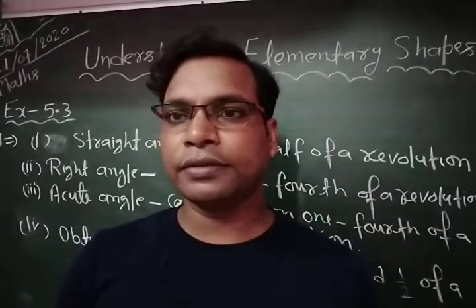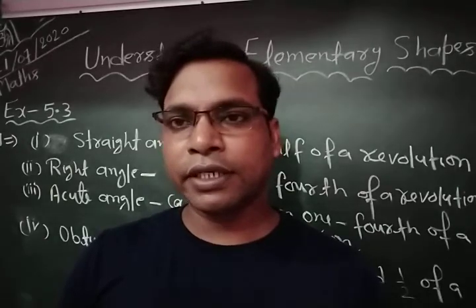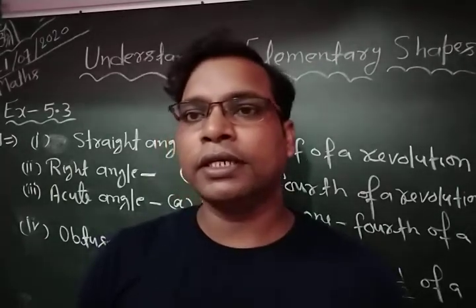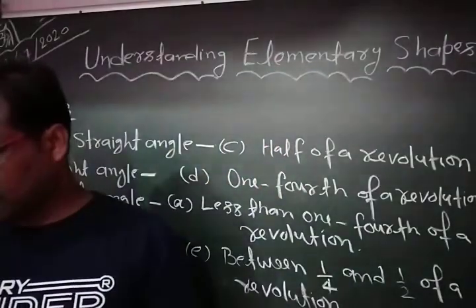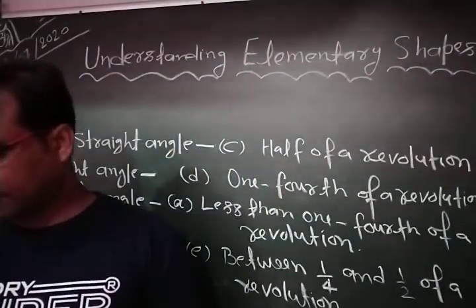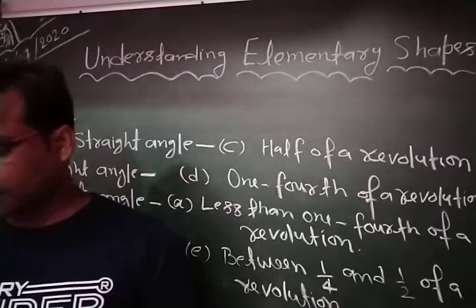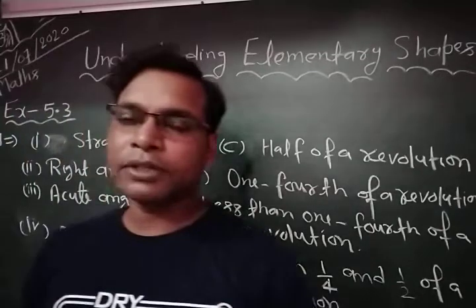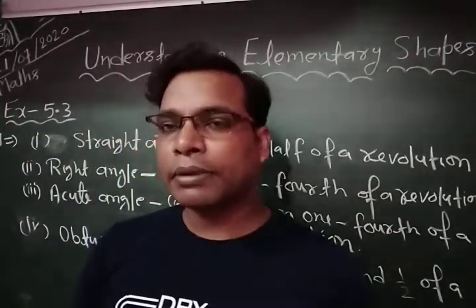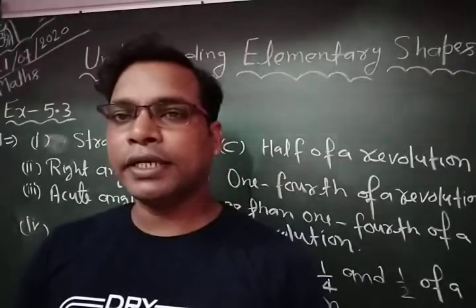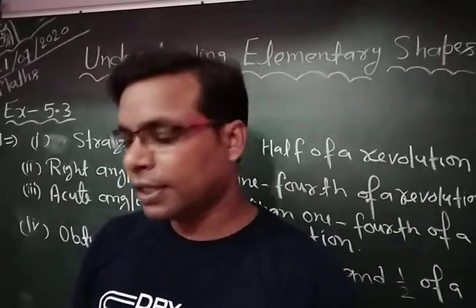So a reflex angle is greater than 180 degree and less than 360 degree. Here no option is like this, but one option is given: more than half a revolution. Half a revolution means 180 degree, and more than half a revolution means greater than 180 degree.